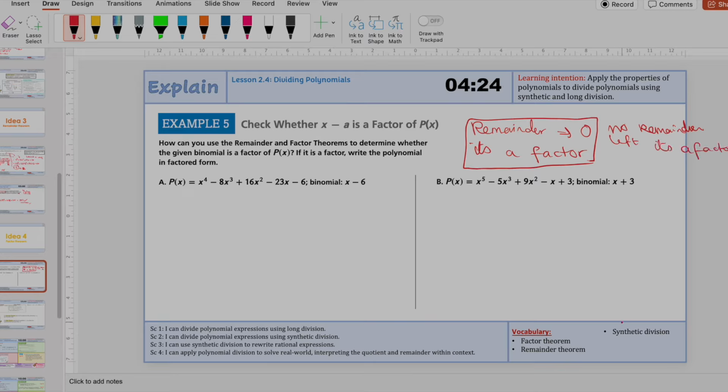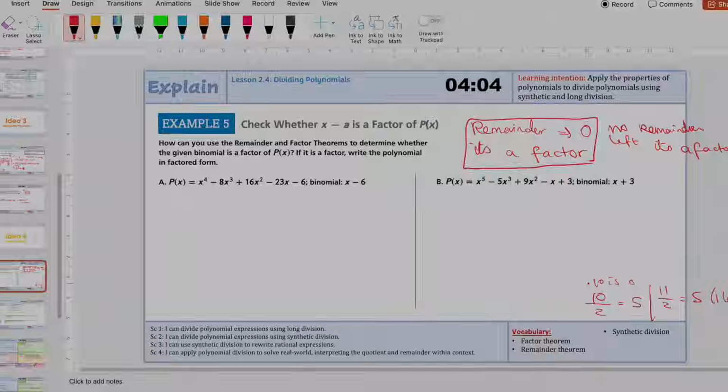The reason behind it: suppose you are dividing 10 by 2, you're going to get exactly 5. But if you divide 11 by 2, you're going to get 5 and 1 left. And here we can say that 2 is a factor of 10.